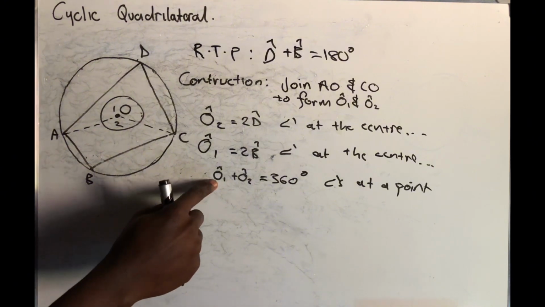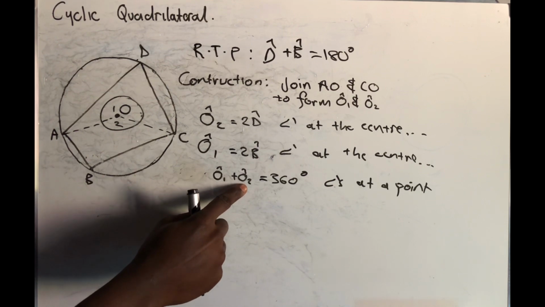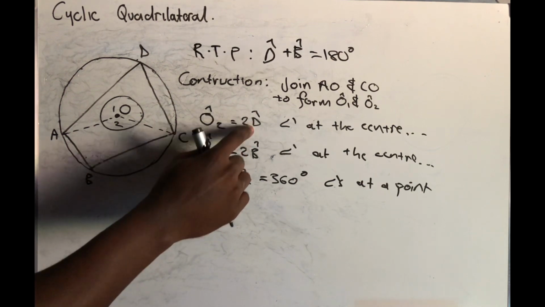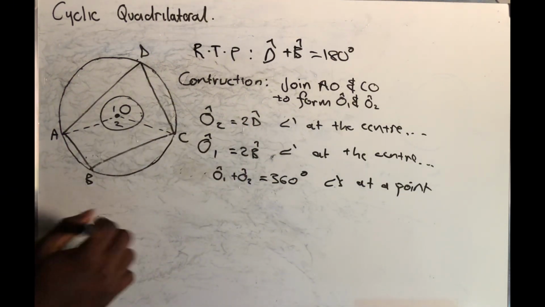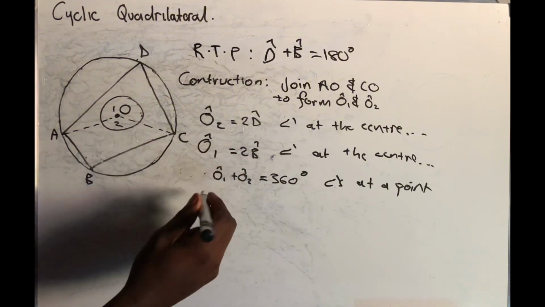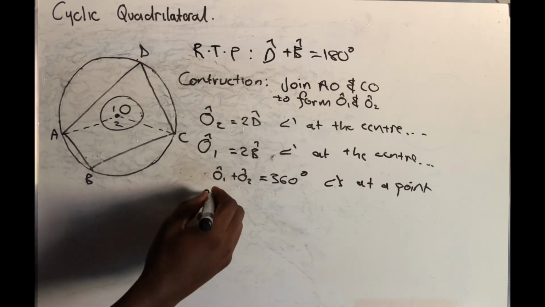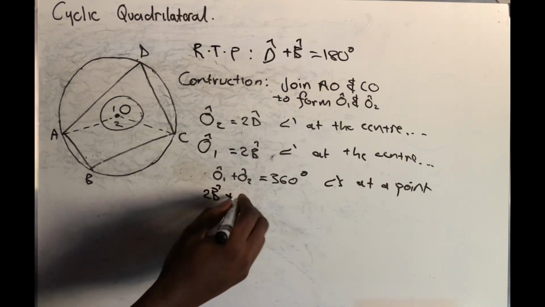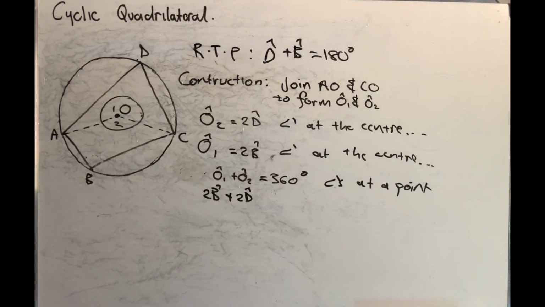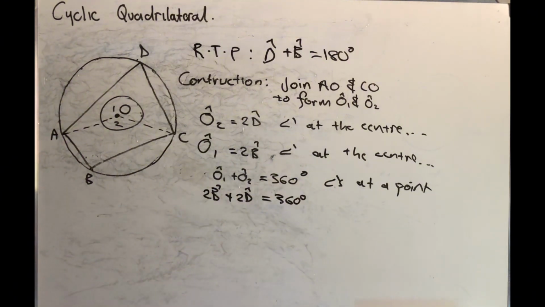So O1, we know that O1 is what? 2 times B. We know that O2 is what? 2 times D. So instead of writing O1, we write 2B, plus, instead of writing O2, we write 2D, equals 360 degrees.